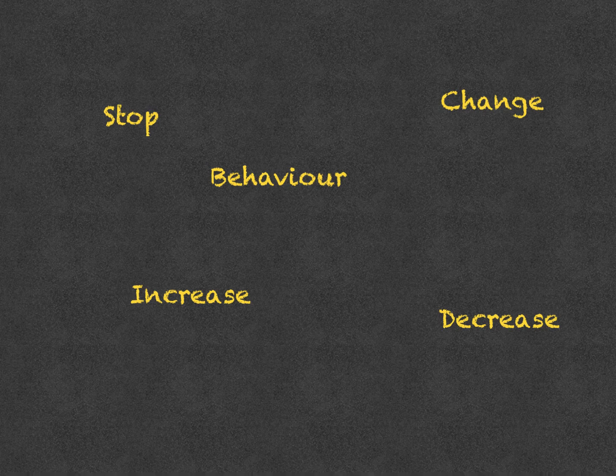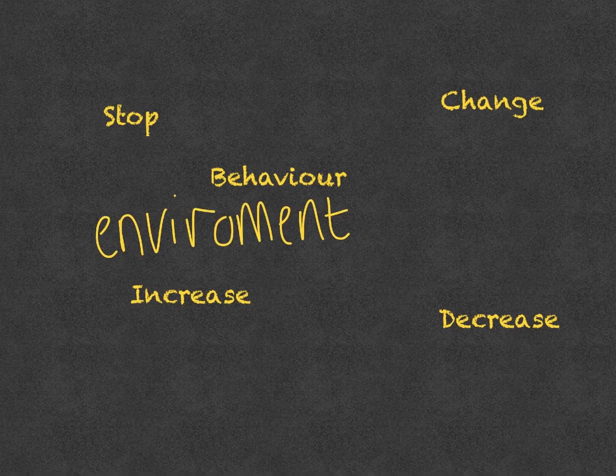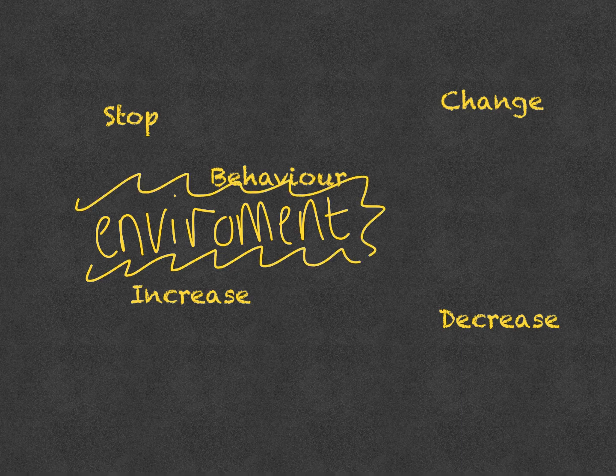We develop this from our environment. Not only is our environment where we are, but it's also who we're around. If you consider your friends, your family, where you live, this is all to do with your environment, and all of these, from the behaviourist point of view, will impact on your behaviours, who you are, and how you act.